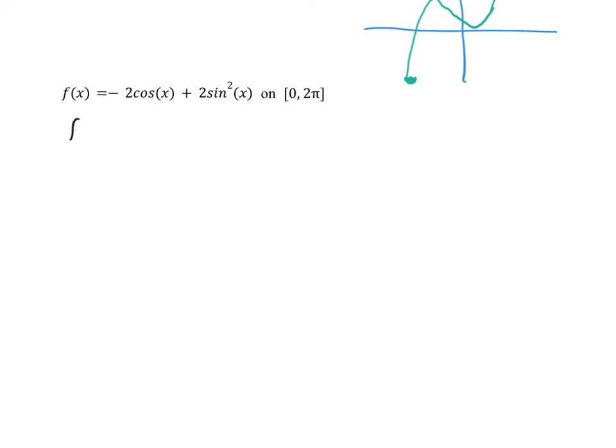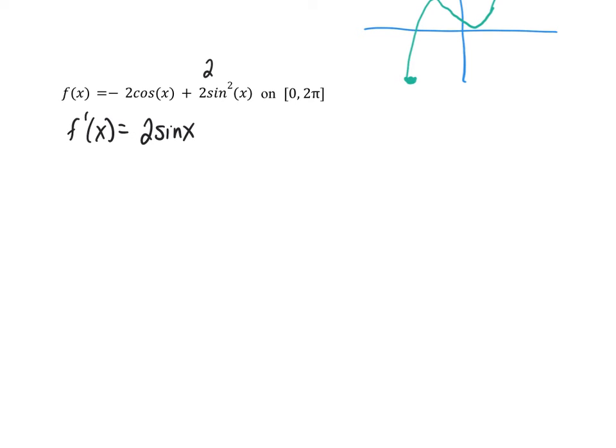So first thing I'll do is take the derivative. The derivative of cosine is negative sine, so the derivative of -2 cosine x would be 2 sine x. That's not my problem. My problem's going to come in this next part, because I actually have a chain rule problem.